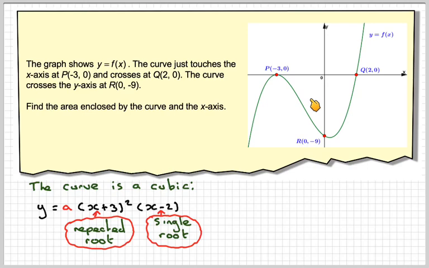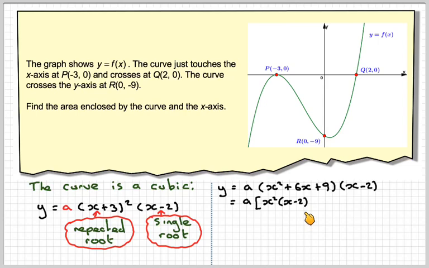In order to find the area, we have to multiply these brackets out, so we're going to do that now. So a will be the expansion of (x plus 3) all squared, which is x squared plus 6x plus 9, times (x minus 2). So it will be a times x squared times (x minus 2) plus 6x times (x minus 2) plus 9 times (x minus 2).